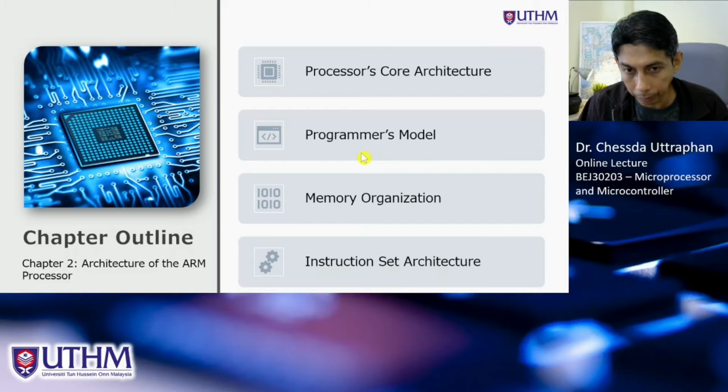This is the model that is used by a programmer, and as programmers, we will program the microprocessor later on. So as a programmer, we need this model to be used in writing the program.